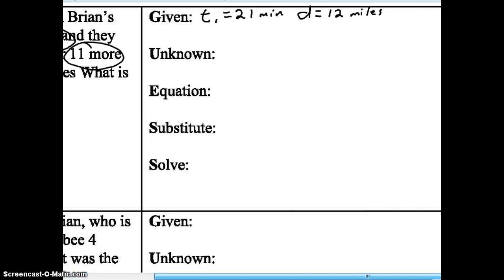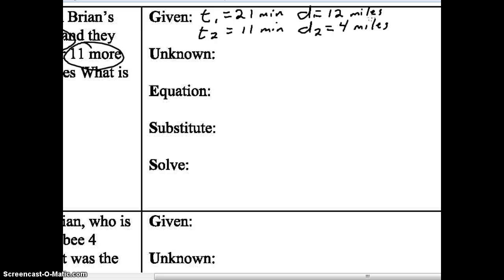So I'm going to include both of those things. So another time of 11 more minutes, and then another distance. I'm going to call those distance 1 and 2. I didn't do that at first. Distance 1 and distance 2. Distance 2 was 4 more miles.